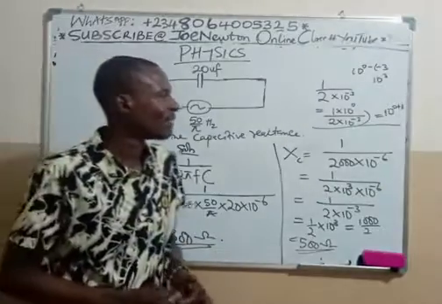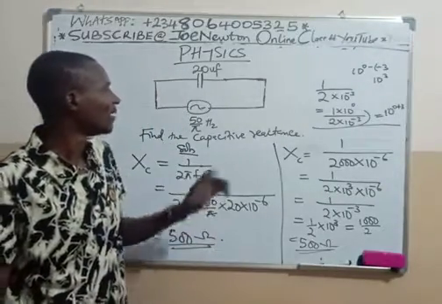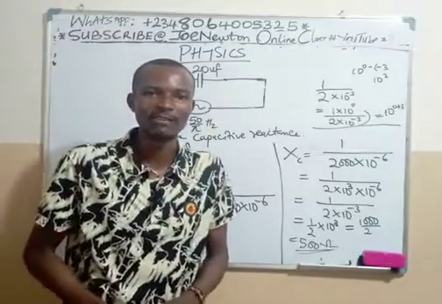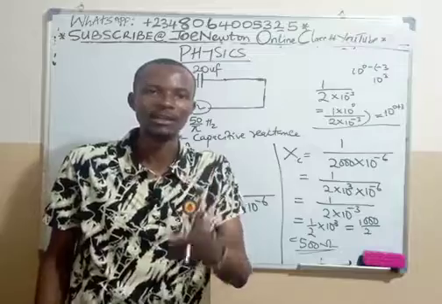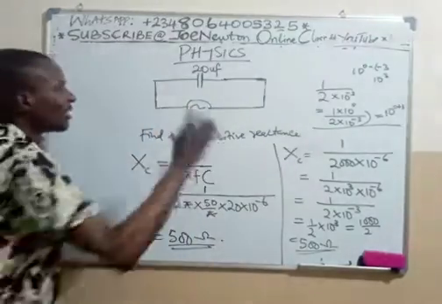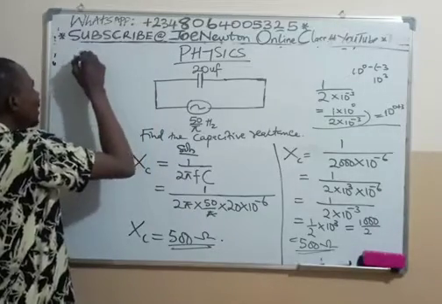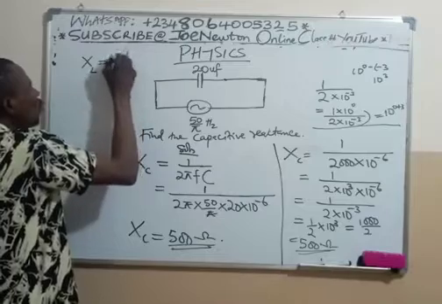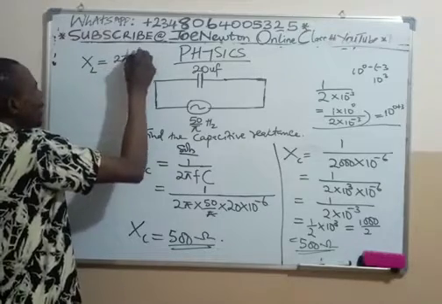So this is how to evaluate or determine the capacitive reactance. But if you are working for inductive reactance, the formula, if it is an inductor in the circuit, is given by XL is equal to 2 pi FL.